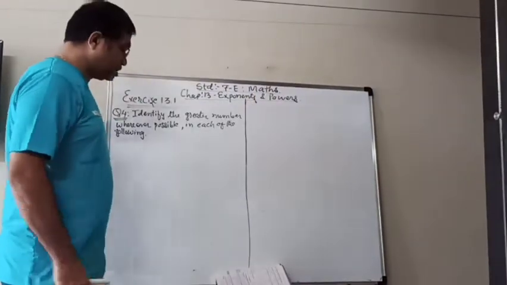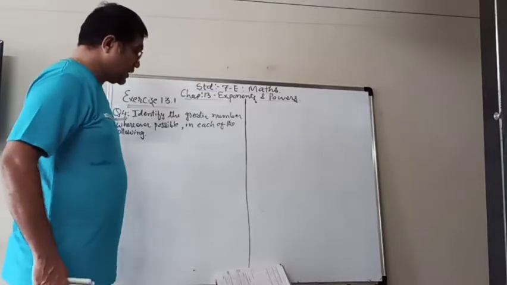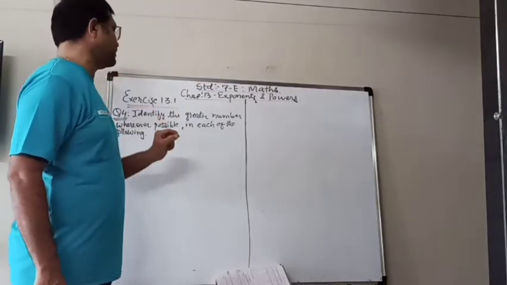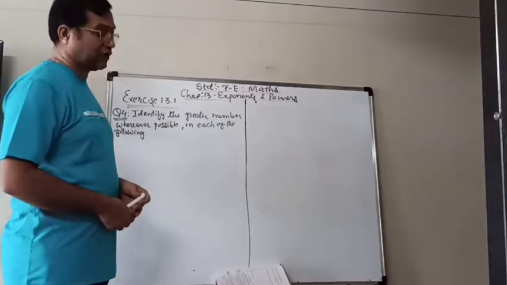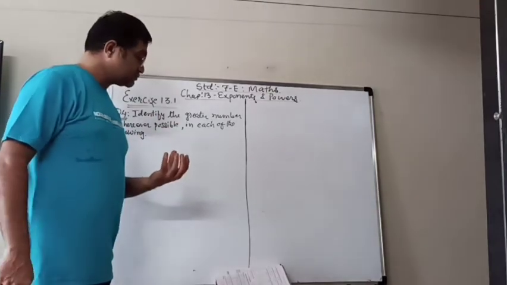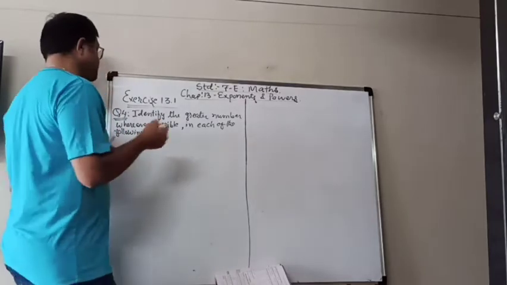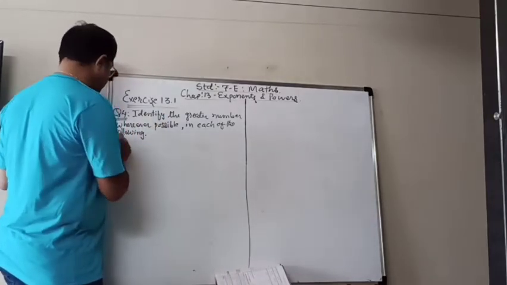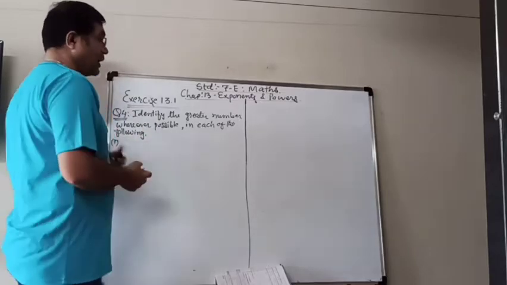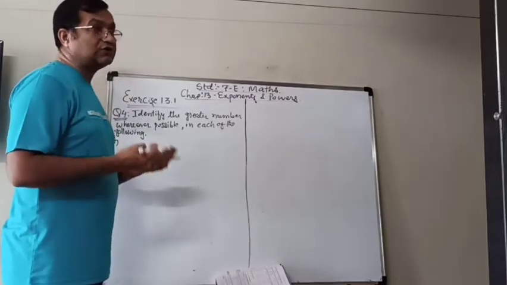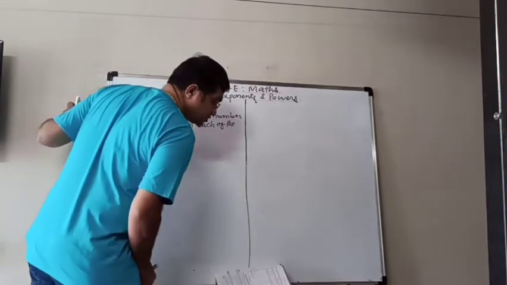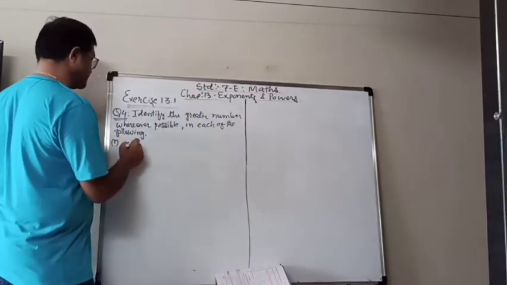Now the question number 4. Identify the greater number wherever possible in each of the following. There is a pair given, and from that we have to identify which of the two is greater. First one is 4 raised to 3 or 3 raised to 4.